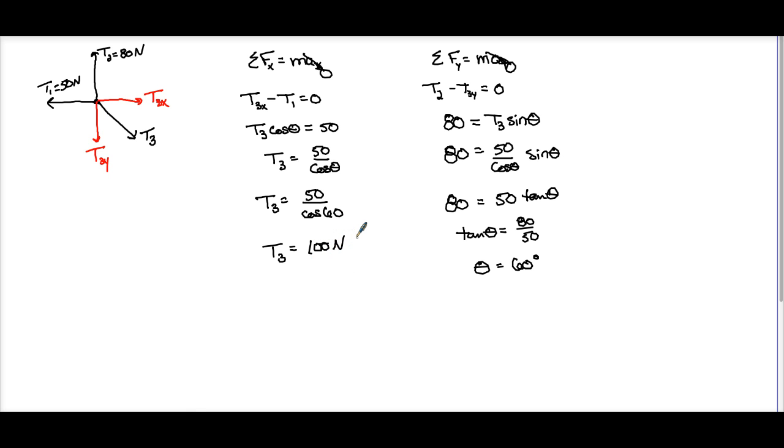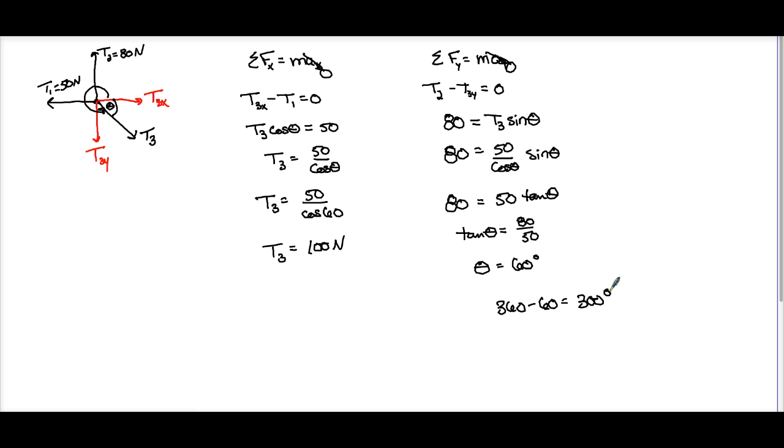Perfect. Now this 60 degrees that we're looking at, that is the angle that's right here. This is our theta. So to get the actual angle that T3 is moving at, we want to get it from all the way around starting from 0. So in that case, it's going to be 360 minus 60, which is equal then to 300 degrees.